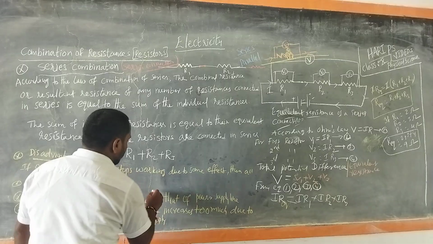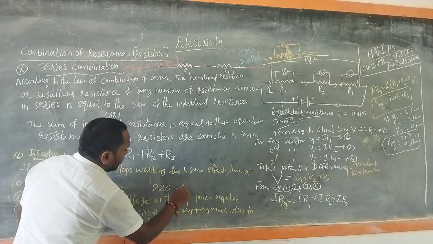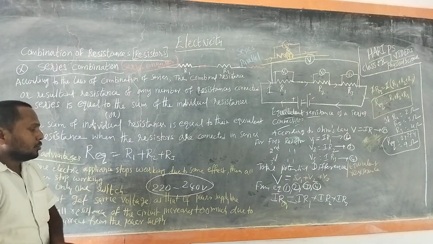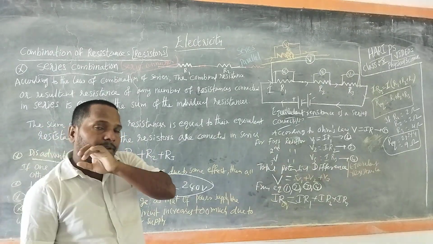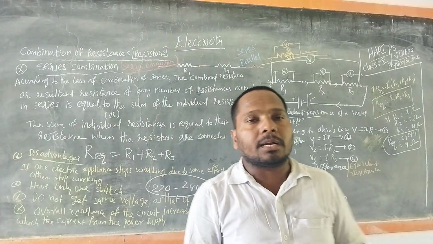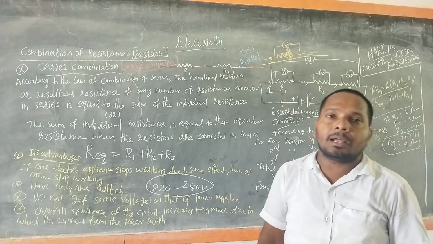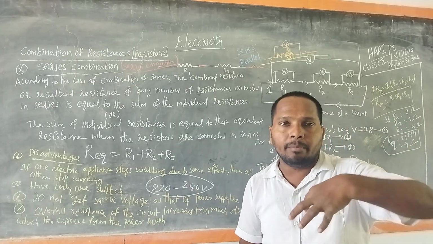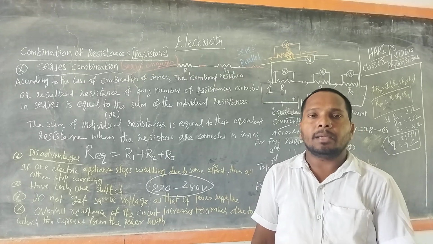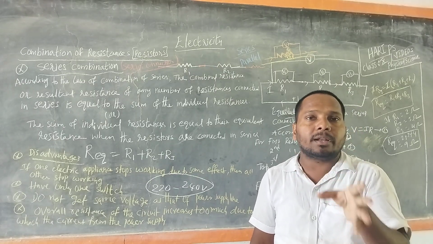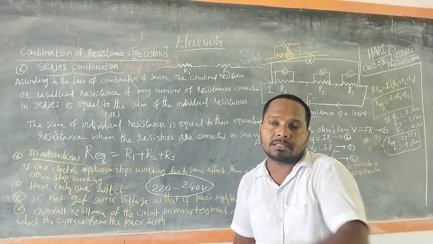In our homes we use 220 to a maximum of 240 volts. If all the electrical appliances are connected in series, they do not get the same voltage because each appliance has a different potential difference.